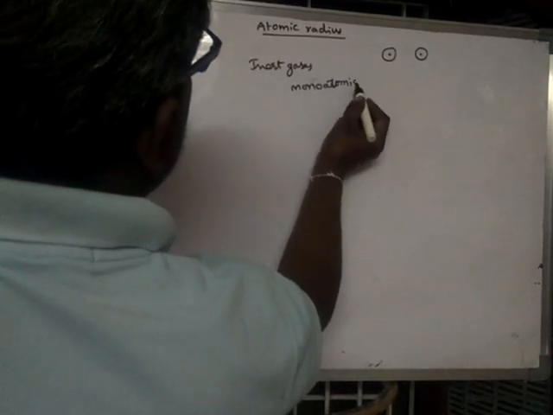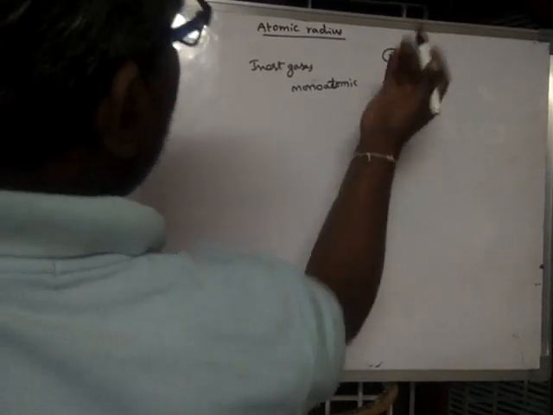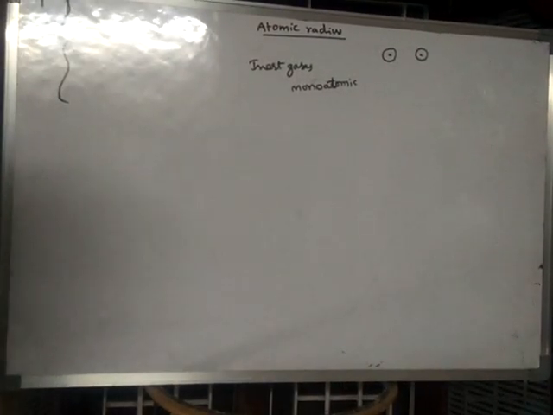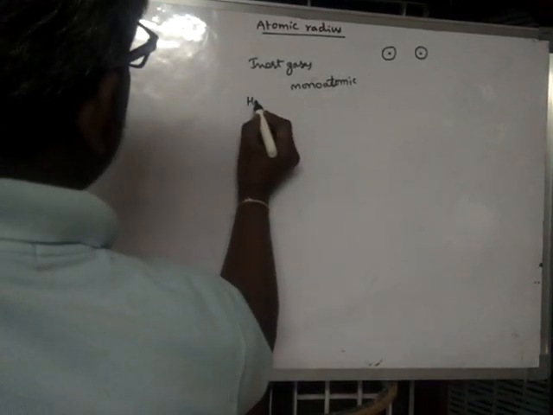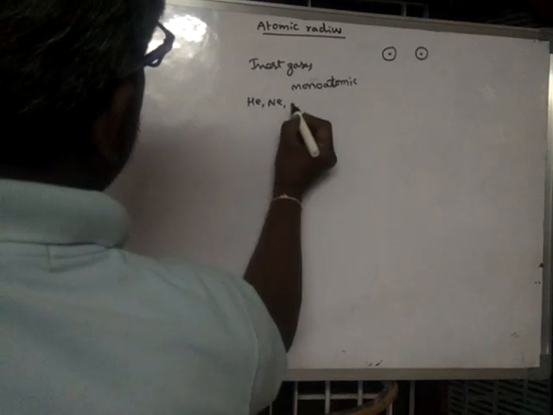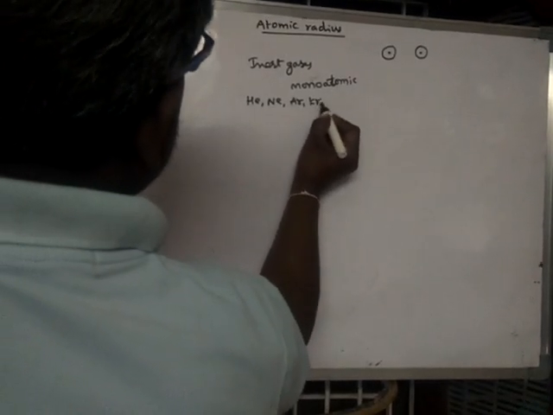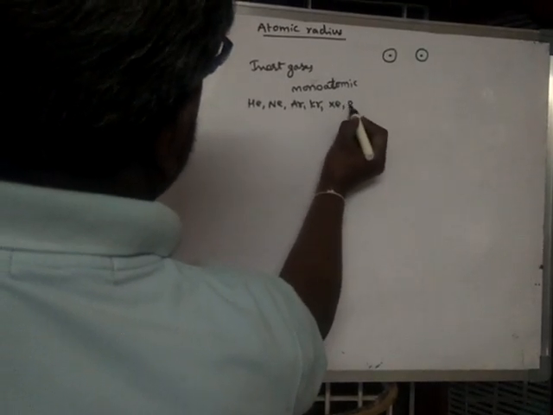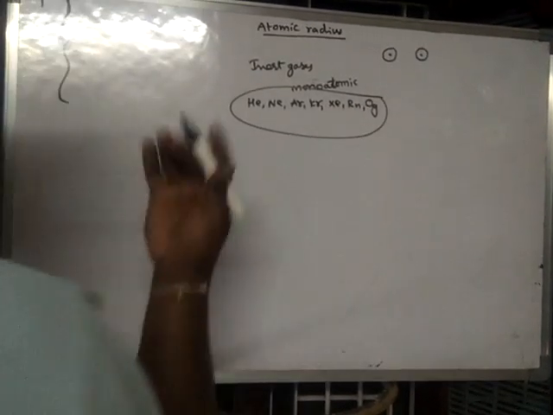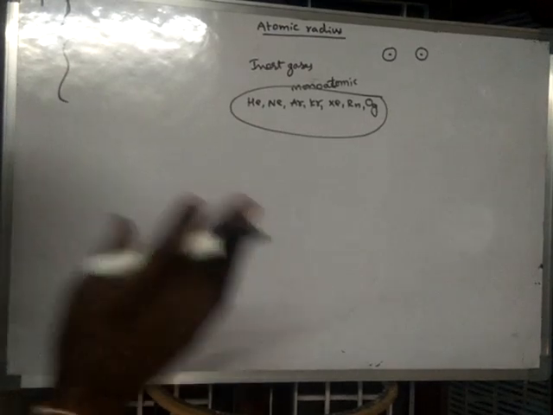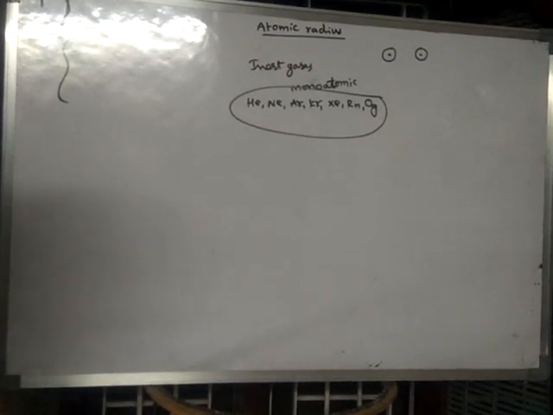That means they exist as a single atom only, because the atom itself is stable. What are the inert gases? Helium, neon, argon, krypton, xenon, radon, oganesson. All the atoms of inert gases exist as isolated atoms.